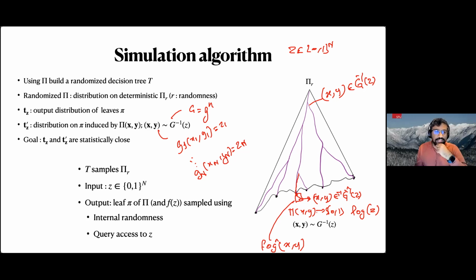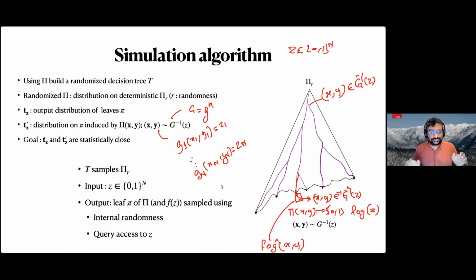In the randomized setting, if somehow we had access to z, then this is the distribution the randomized protocol would have taken, and we want to simulate this distribution. The problem is that we don't know what z is. So the decision tree algorithm, which is trying to mimic this distribution, has no idea what z is. This seems like an impossible task.